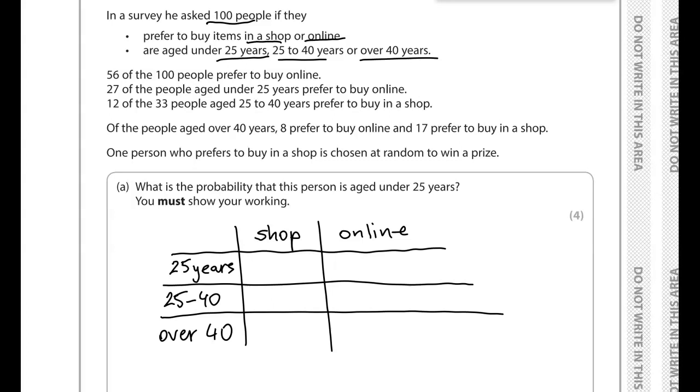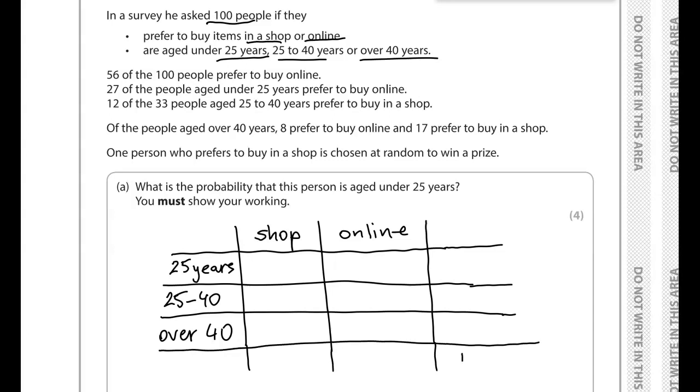So there are 100 people altogether. So this total here should be 100, and a total here.